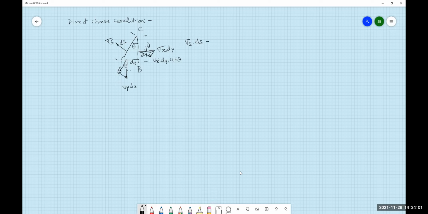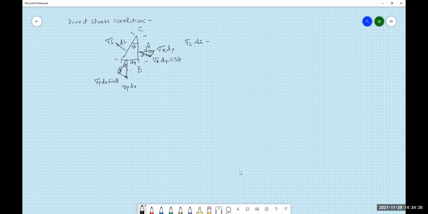So the vertical of this rectangular triangle is given by sigma y into dx into sin theta. Sin theta is the angle between the vertical sigma y dx and the normal to base of this rectangular triangle.